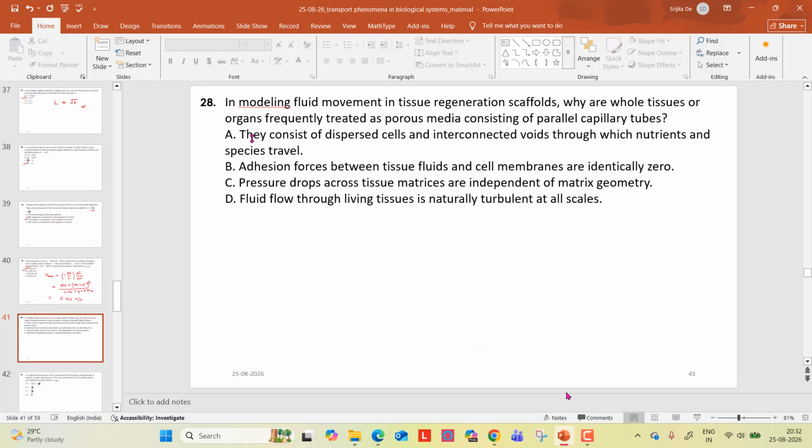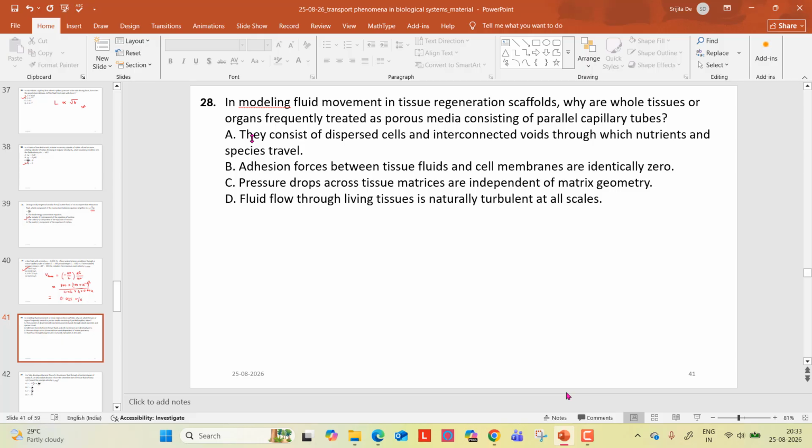Next. In modeling fluid movement in tissue regeneration scaffolds, why are whole tissues or organs frequently treated as porous media consisting of parallel capillary tubes? They consist of dispersed cells and interconnected voids through which nutrients and species travel. Adhesion forces between tissue fluids and cell membranes are identically zero.